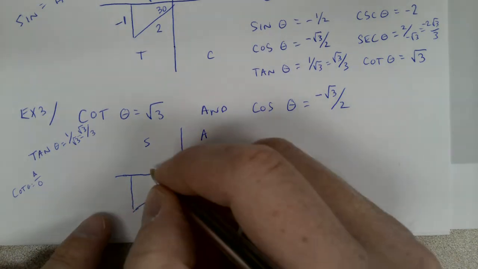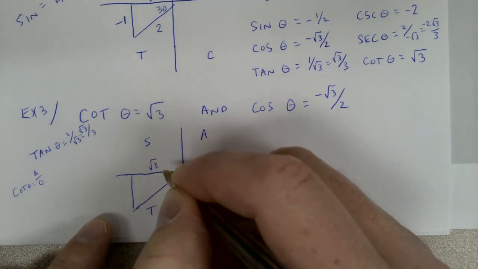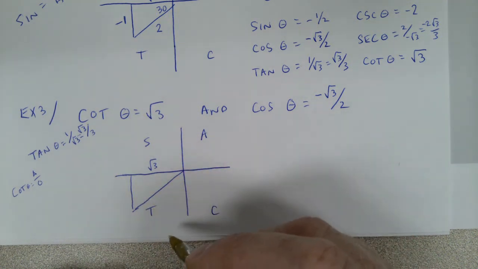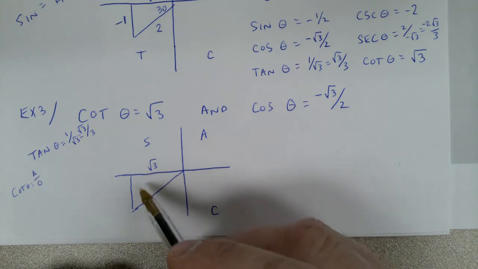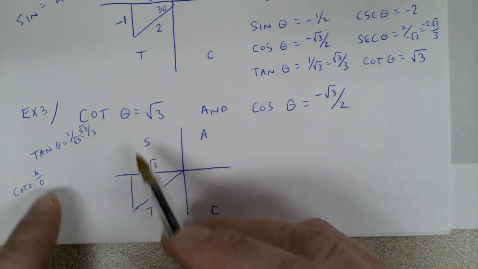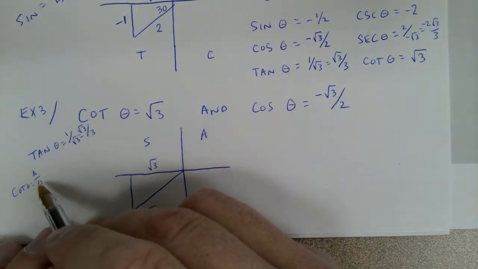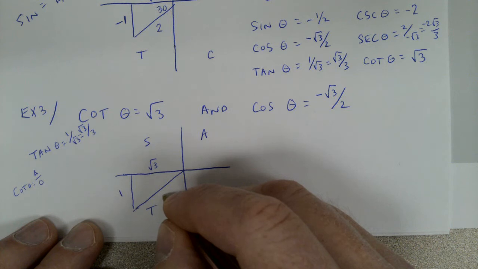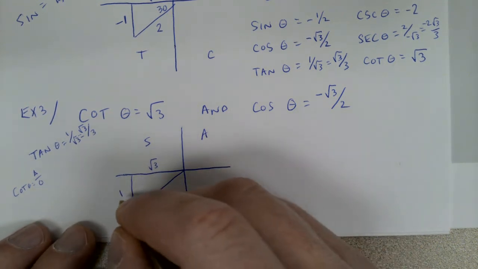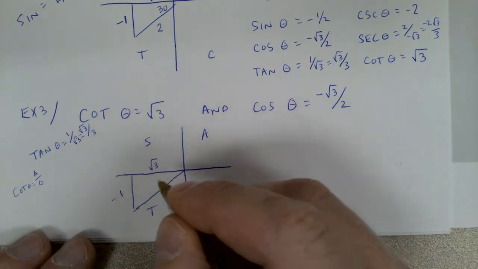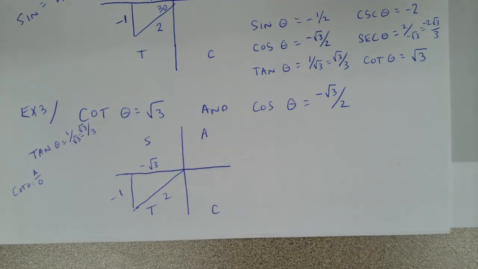The adjacent side on this one is going to be radical 3. We know that the opposite side is going to be 1, and then here's going to be our 2. And both of those, again, are negative.